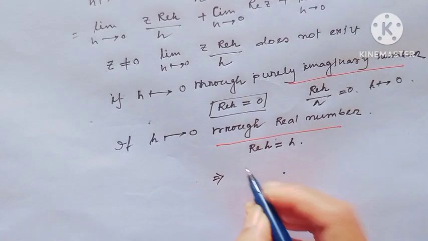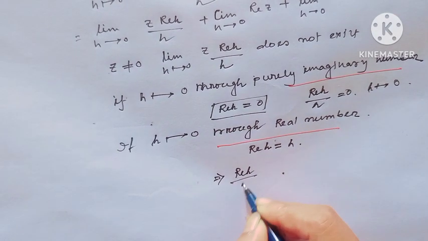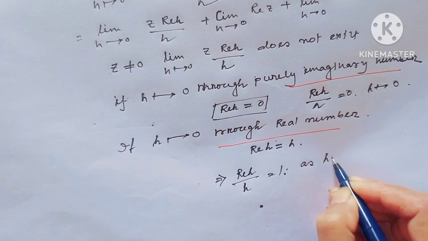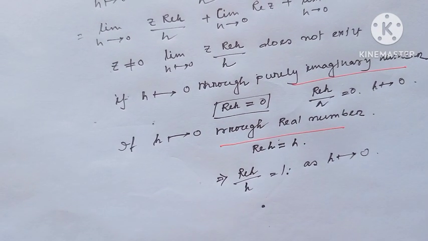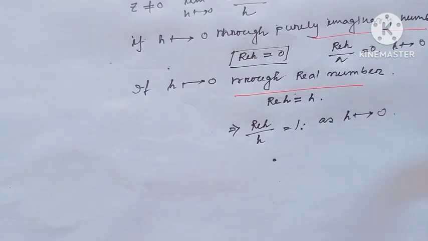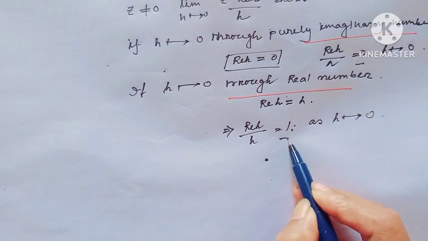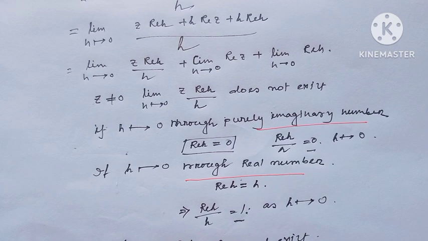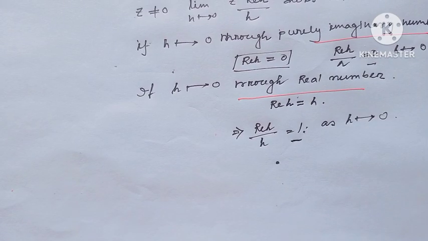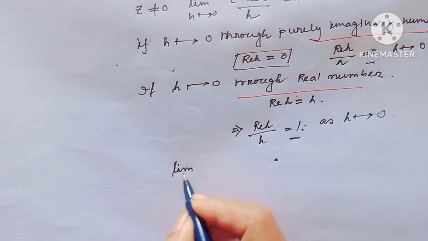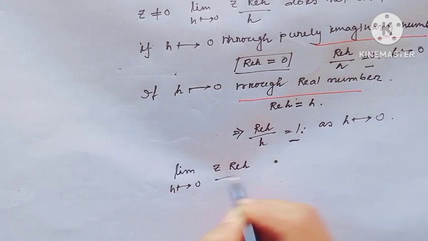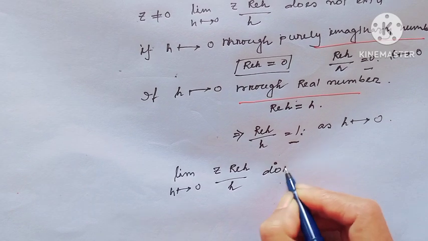That implies Re(h) over h equals 1 as h goes to 0. Therefore, here I have got the value 0 and here I have got the value 1. For different paths, I have got two different values. So the limit as h goes to 0 of z Re(h) over h does not exist.